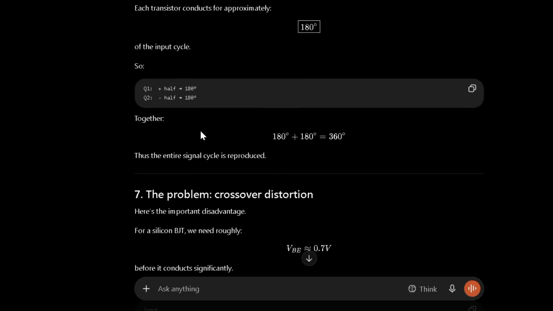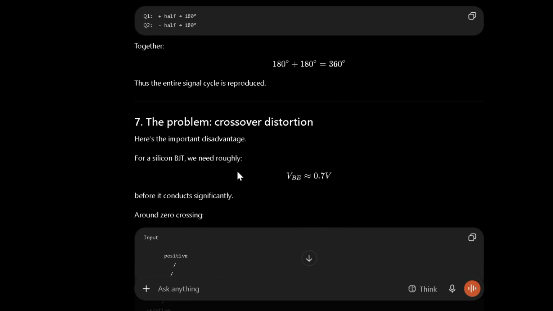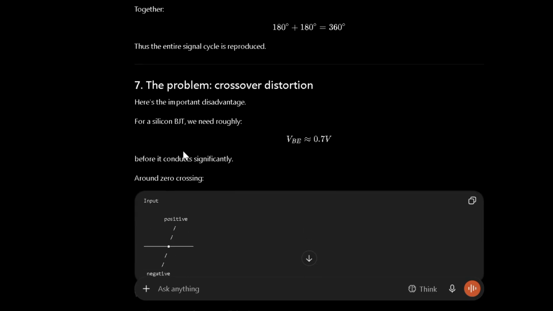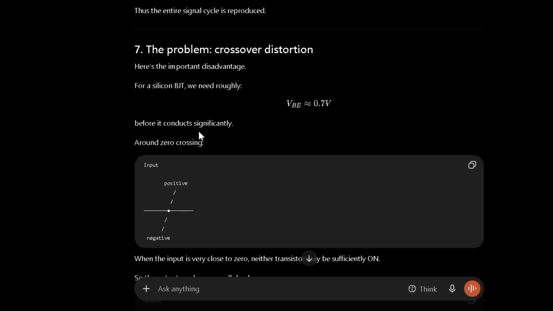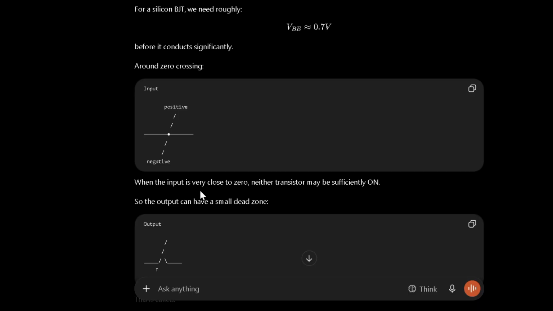For a silicon BJT, we need about 0.7 V before it conducts significantly. Around zero crossing, when the input is very close to zero, neither transistor may be sufficiently on, so the output can have a small edge.